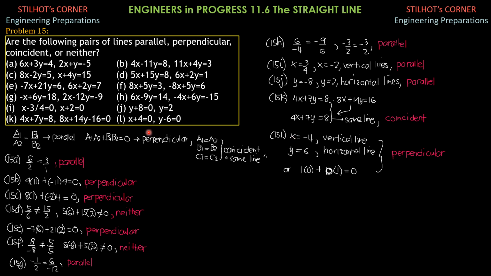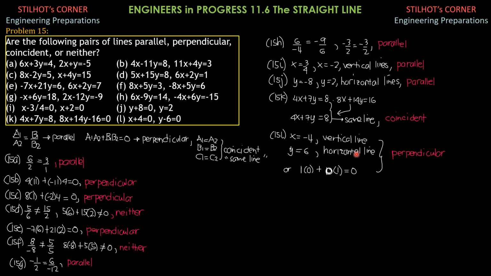15L, this is a vertical line 4 units to the left of the y-axis. This is a horizontal line 6 units above the x-axis. Vertical and horizontal, therefore they are perpendicular.